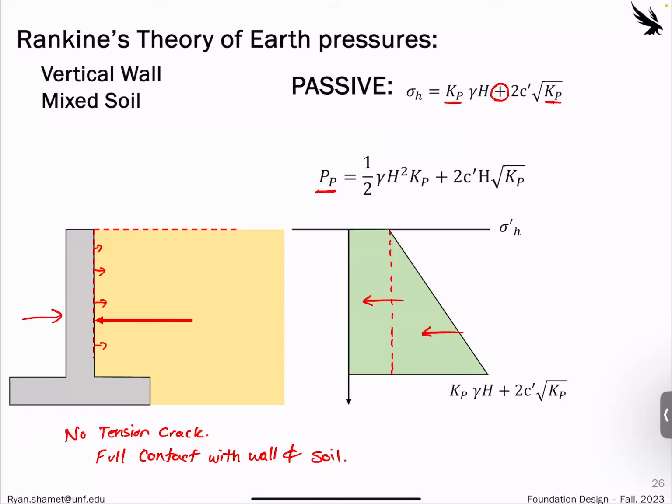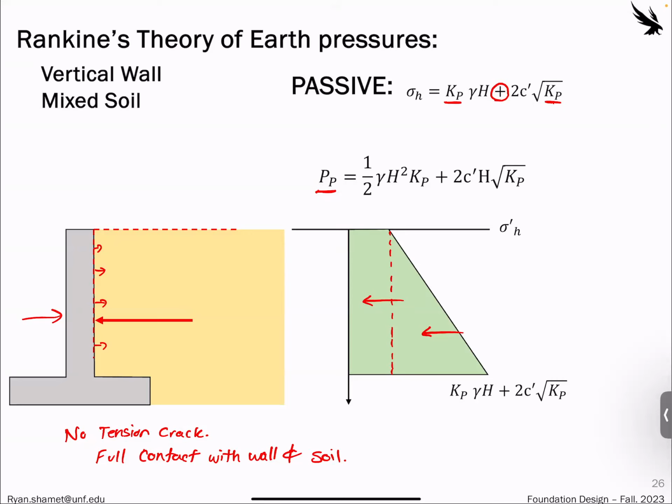So which one would have more force? Yes, passive. What's the difference between... because this is a mixed soil where we're doing a lot of pressure, passive with the wall pushing on the soil? Yes. So it's the failure due to the wall being pushed on by the soil.